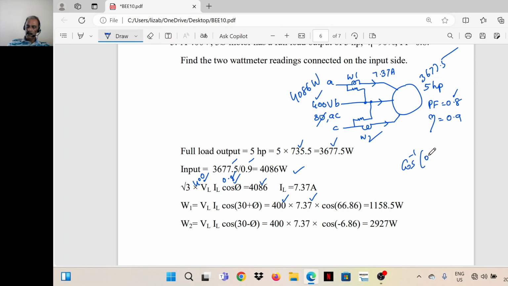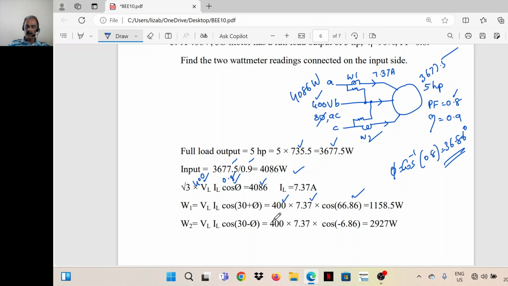Power factor angle is cos inverse 0.8. That is 36.86 degrees. So first wattmeter reading, 30 plus phi, 30 plus 36.86 is 66.86.